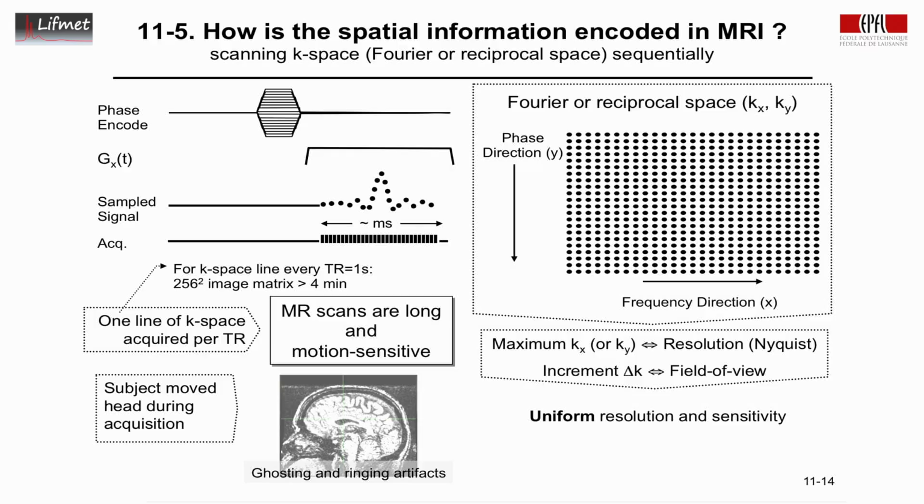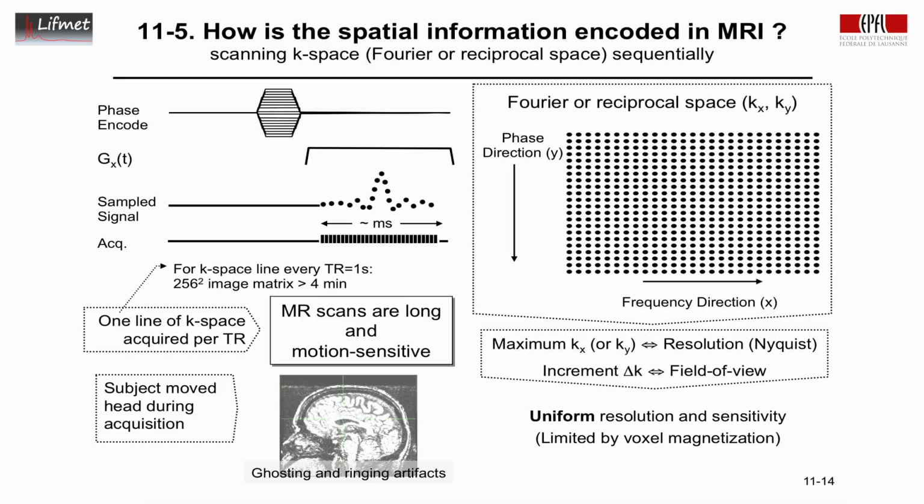So in principle we could acquire an image with 8,192 pixels in one direction and 8,192 pixels in the other direction. We are not limited from the acquisition process to the size of the matrix. However, the limitation that we encounter is the voxel magnetization.